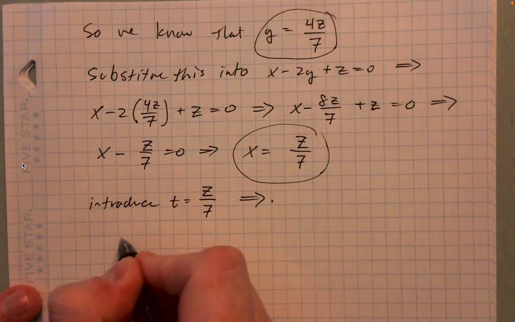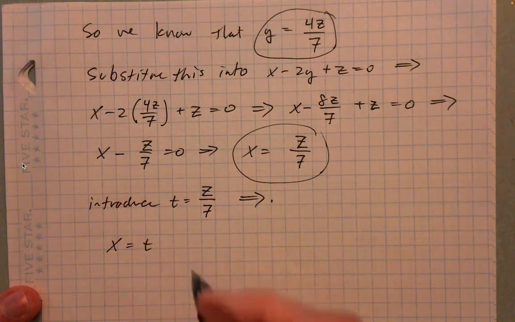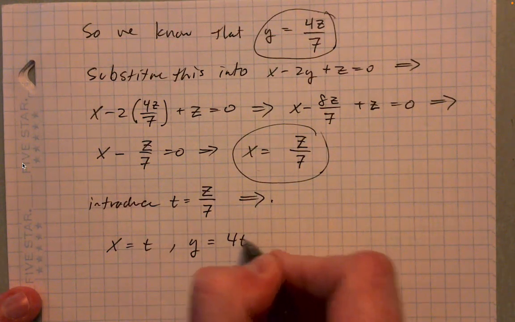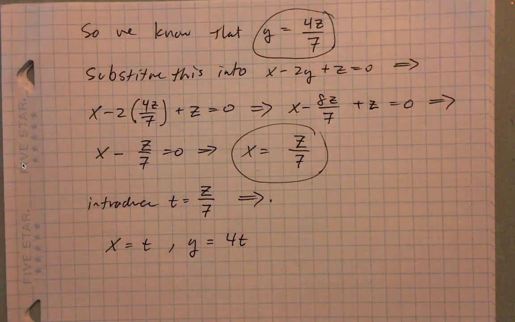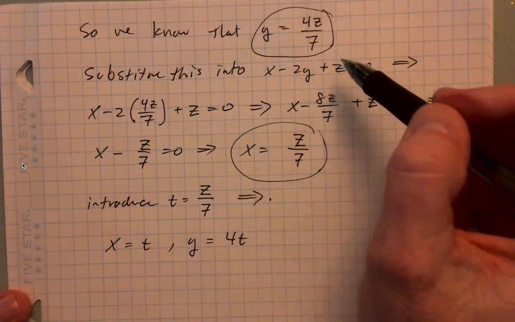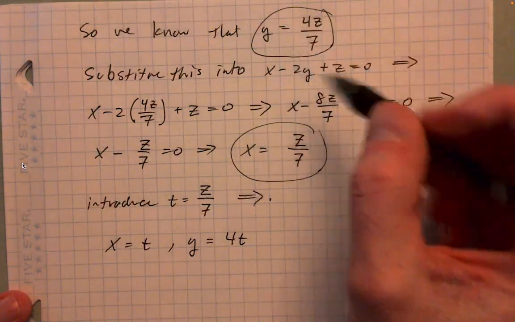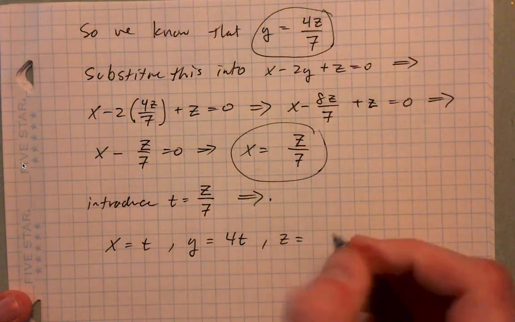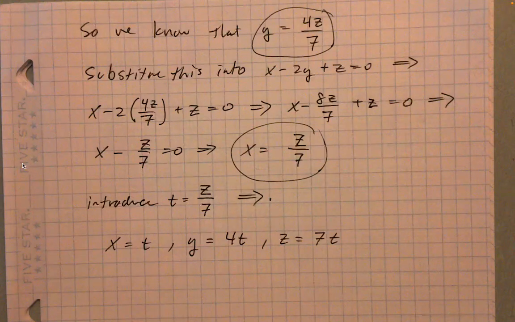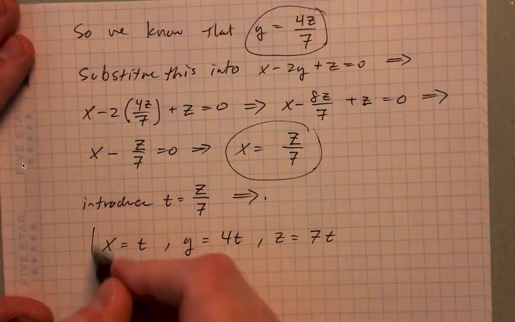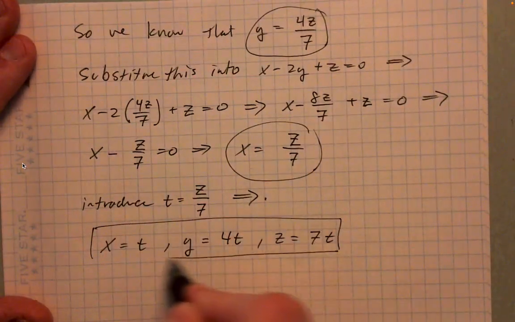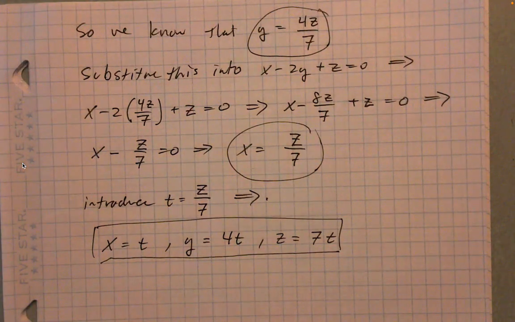Well, now I know that x is equal to t, y is equal to 4 times t, okay, and z, well, I can derive it from this guy here, z is equal to 7t. Okay, so these would be my parametric equations for the line that is formed when the two planes intersect.